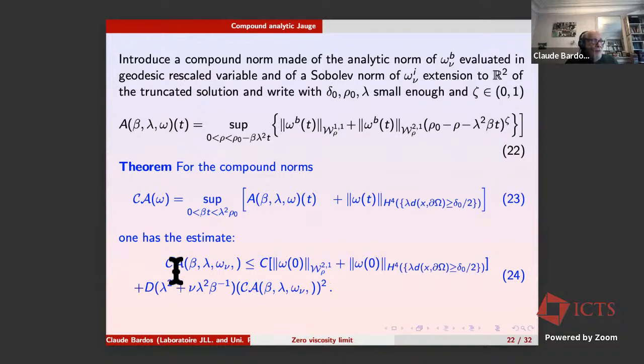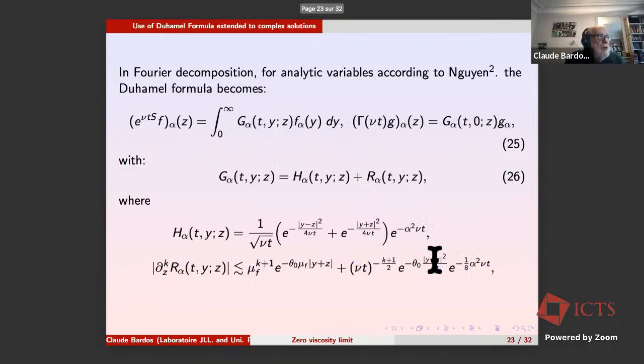And if you start from x of 0 small enough, just looking at this equation, that will tell you that this will remain for a finite time less than the initial data. So that's the estimate.